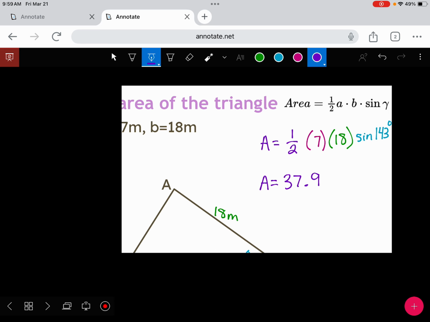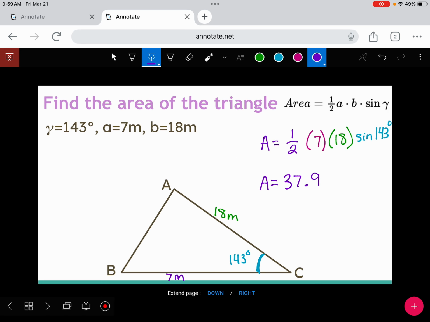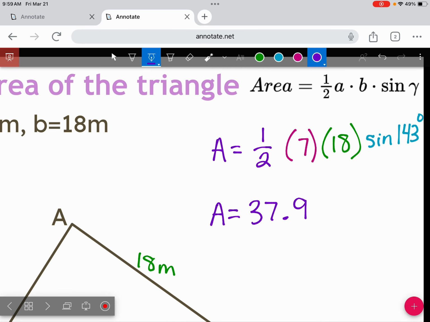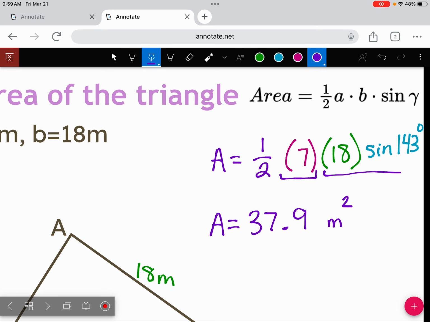We will tell you where to round when it comes to questions. And then our unit here, we've got meters squared. Because this is a unit in meters, and this is a distance, this is a height. So that is also a meter. So meters times meters gives us meters squared.